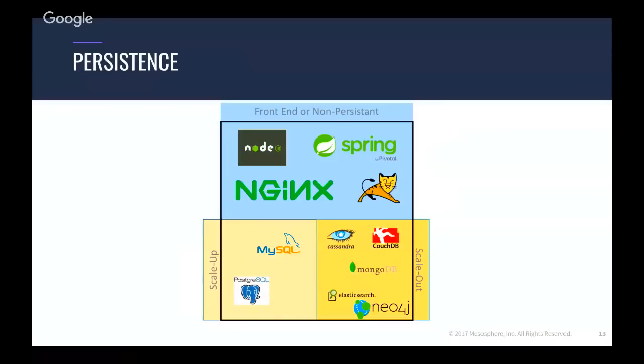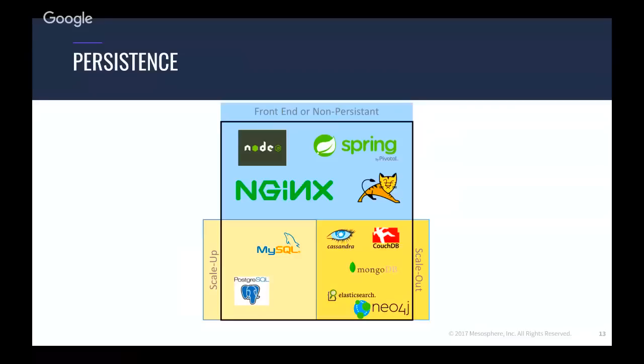When we're talking about this highly dynamic world where we can schedule containers all over the place, but we're also talking about databases and persistent data, we need to talk about persistence and storage options. In general, we have three kinds of applications. We have stateless and stateful applications, and we have two kinds of stateful applications.